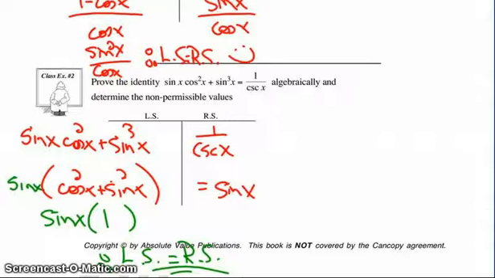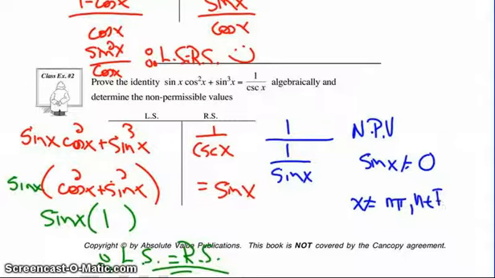Oh, determine the non-permissible values. We don't have any here because technically we have no quotient here. There is nothing in the bottom. Actually, I take that back. Non-permissible value, you have to be careful. If you look at this first step, this right here is actually 1 over sine x.